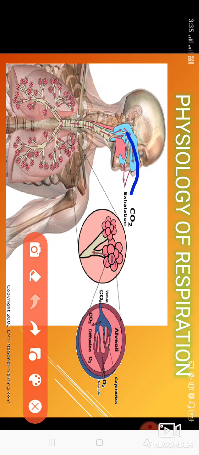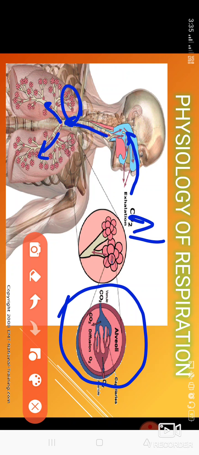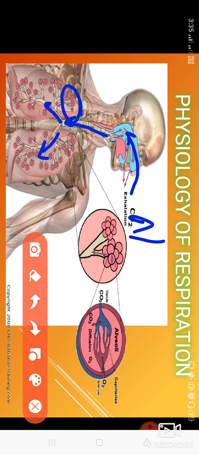When the oxygen is coming inside during inhalation, it is going downward, then it is brought into the lungs, and through the lung it is coming to these structures known as alveoli. It is written here also. If we zoom in on these alveoli, by the process of diffusion, the oxygen present in the alveoli, which are filled with oxygen, and carbon dioxide coming from the blood through the blood capillaries are exchanged.